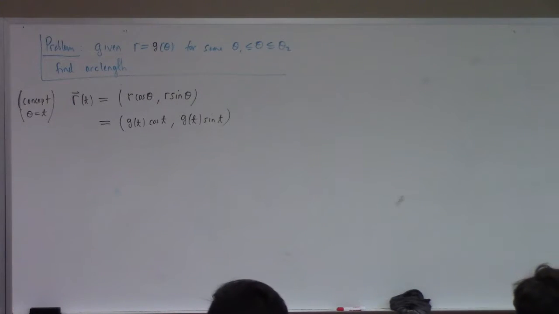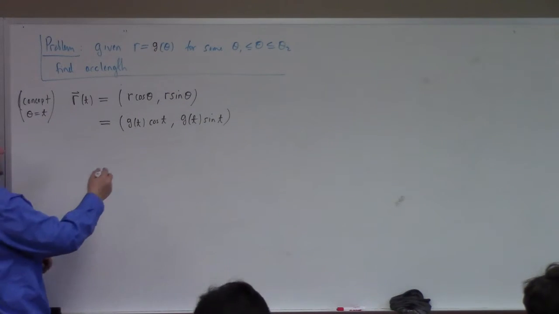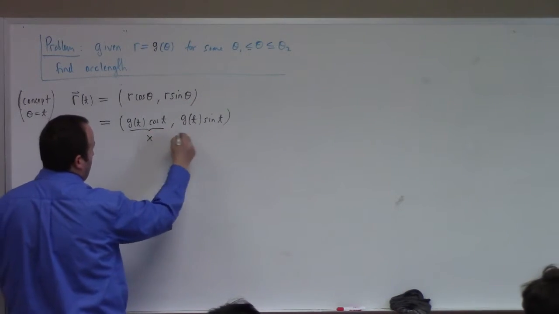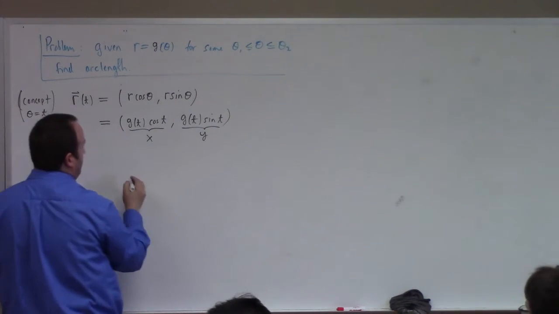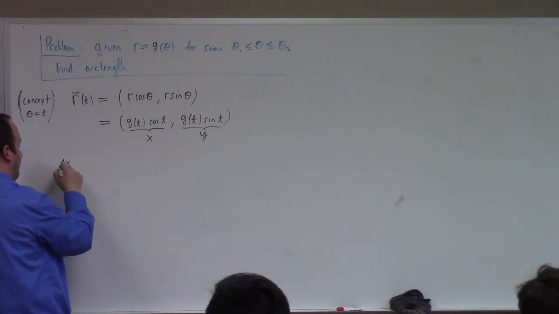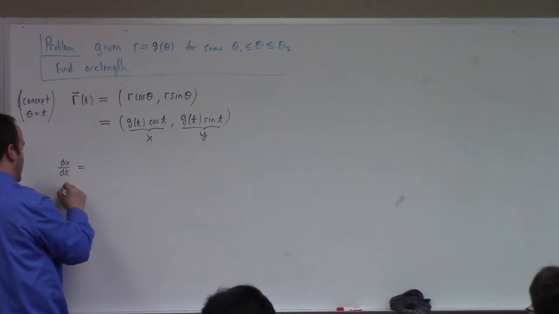This is the path written in polar coordinates. I mean, it's the path which comes from polar coordinates, I should say. And then what do you got to do to calculate? You need to calculate the speed of this, right? So this is x. This is y. So what's dx/dt? What's dy/dt?